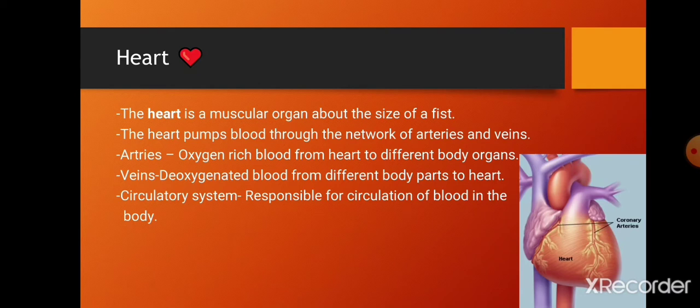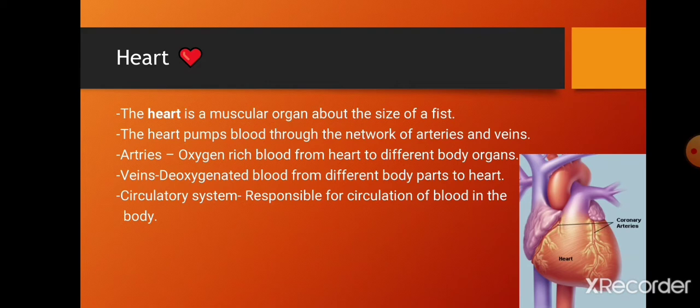So this circulation of blood from different body organs to heart and from heart to different body organs is called circulation of blood, and the system which is responsible for circulation of blood is called circulatory system.